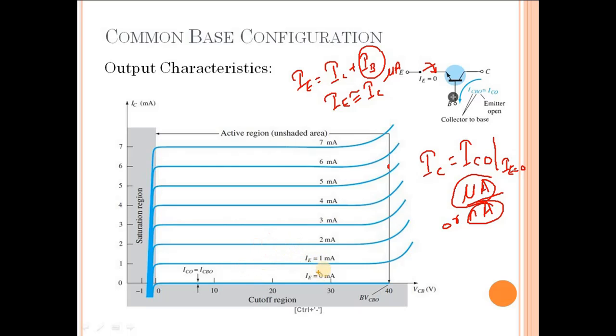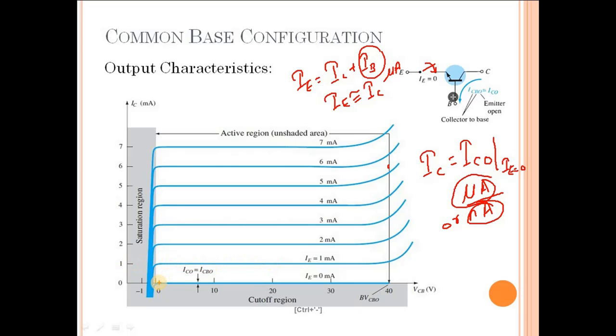When IE is more than 0 milliampere, let's say we take the case of IE equal to 1 milliampere, we are able to see that IE is equal to IC. So you can see for this curve, when IE is equal to 1 milliampere in the active region, the corresponding IC is almost 1 milliampere. This curve is almost parallel to the x-axis, and this current is almost 1 milliampere.